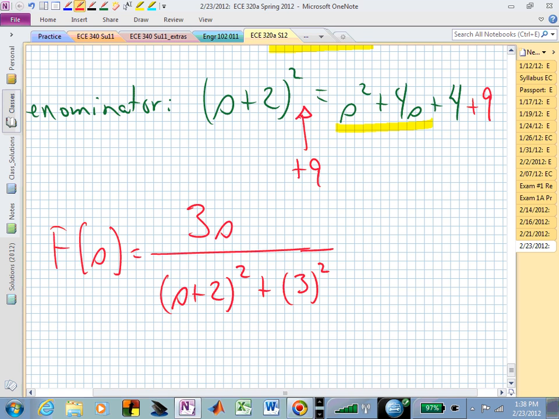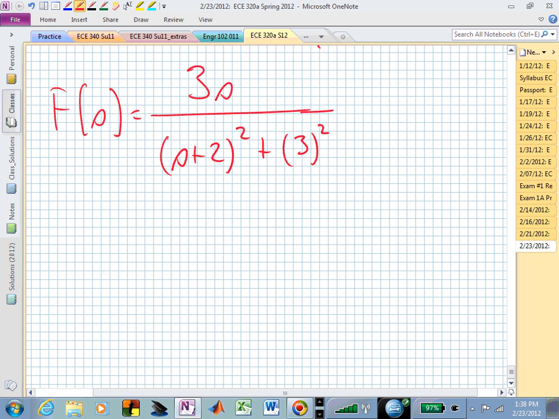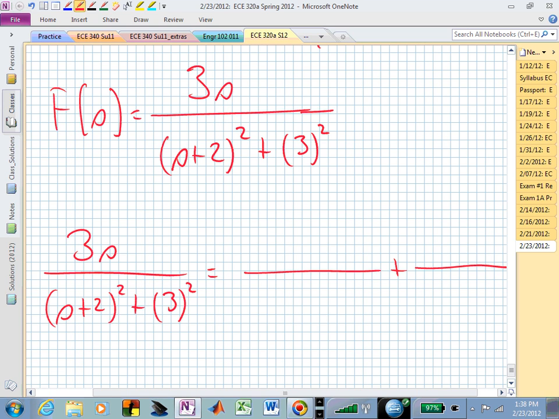And now I have this 3s over s plus 2 squared plus 3 squared, and you've just told me that I might have a sine or a cosine piece. What does the cosine piece look like?